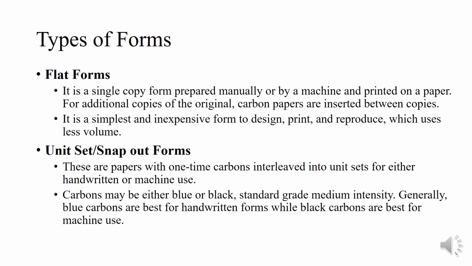You must have seen these blue carbons and black carbons. Now, very few people use this, but generally if you would like to copy a document, you use a single paper, put the carbon copy under it, and overwrite on the first paper, and exactly the same will be printed on the other paper using carbon copy.